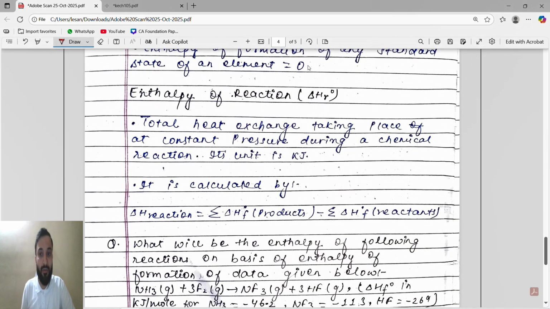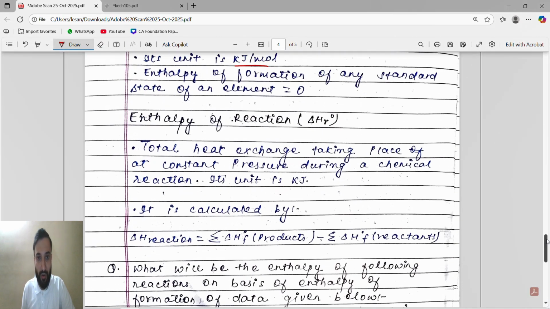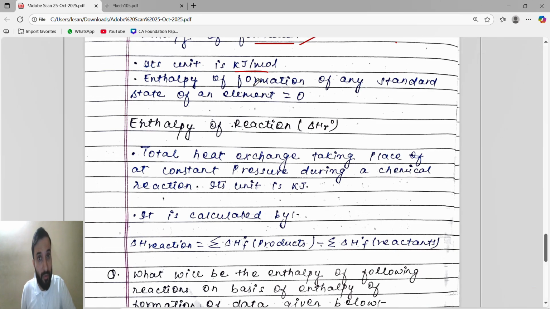Now this point is very important. Enthalpy of formation of any element in its standard state: if we have taken an element in its standard state and we have to find the enthalpy of formation of that element, every time it is 0.